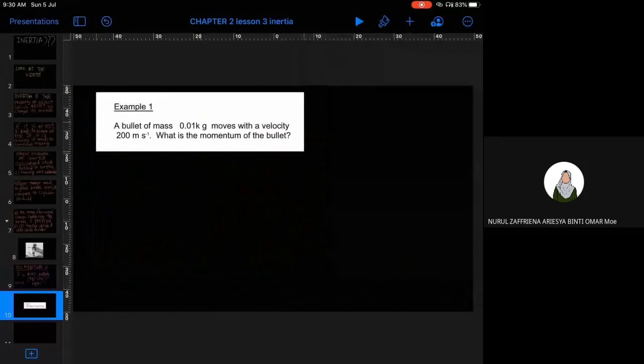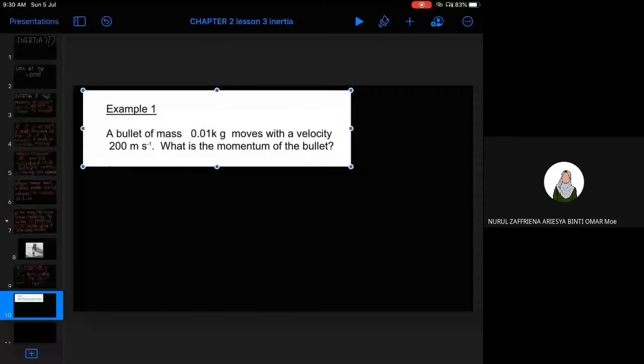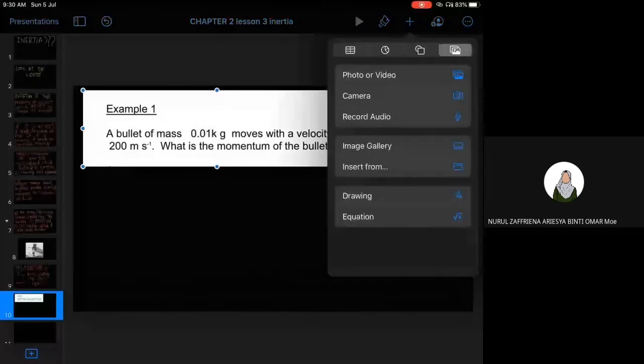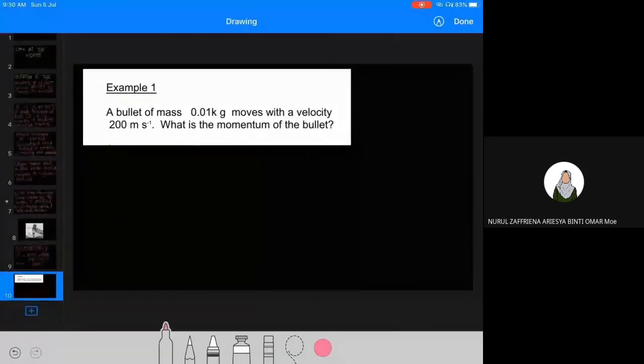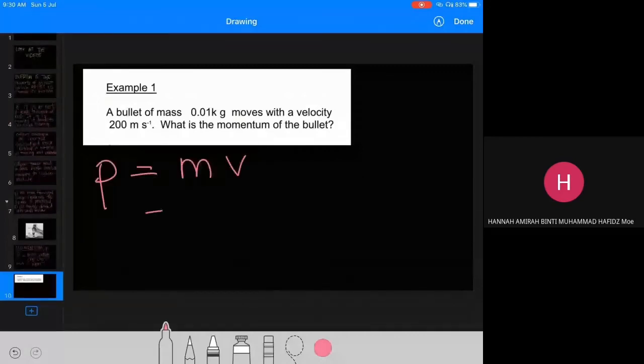A bullet of mass 0.01 kg move with the velocity 200 meter per second. What is the momentum? Saya nak kira? P equal to mass darab velocity betul? So mass is in kg. So 0.01 times 200.